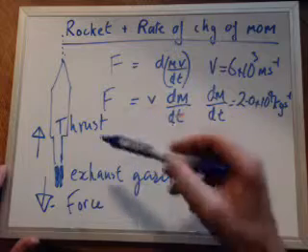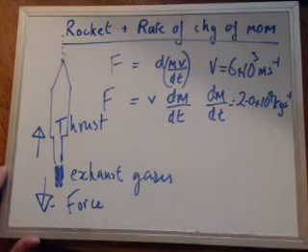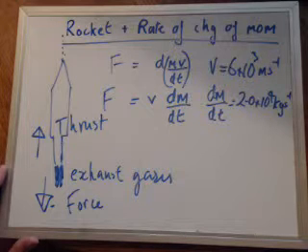So every second 20,000 kilograms of gas will come out there, traveling at 6,000 meters per second.